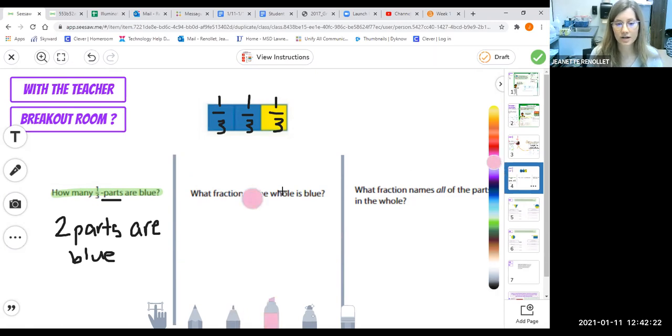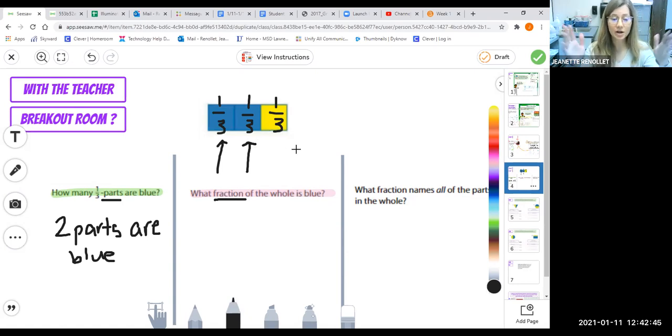The next question in the middle says, what fraction of the whole is blue? So because this word asks me what fraction, my answer is going to be a fraction. Okay, so what fraction of the whole is blue? Well, I see we have 2 parts that are blue.